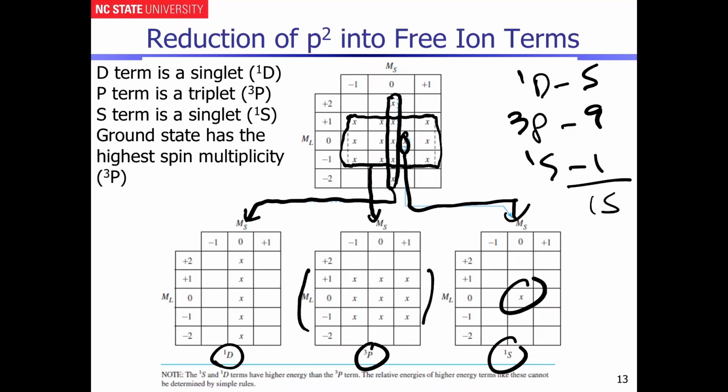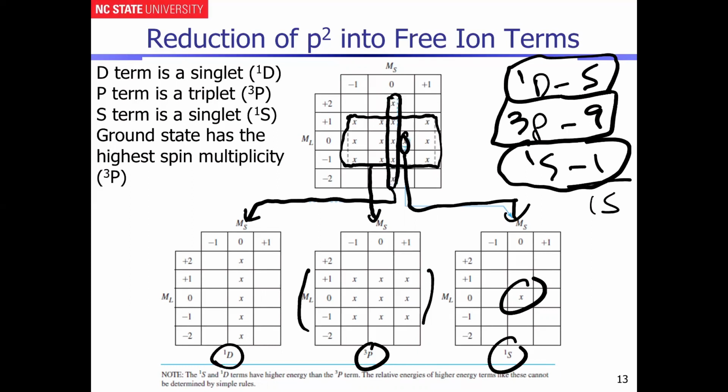And that was the whole point of this, that there's 15 microstates. 5 of them are matched up with 1 energy. 9 of them are degenerate in the triplet P term, and then there's a singly degenerate one in the singlet S term. So what you get from this is there's 15 microstates broken up into 3 different energies that are then subjected to some other information, which we will talk about in the next video.